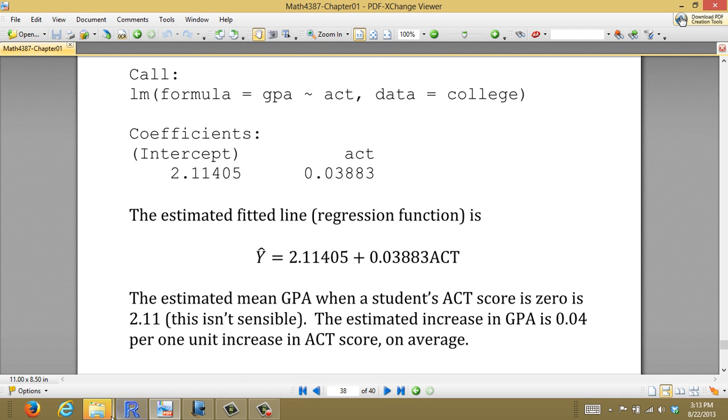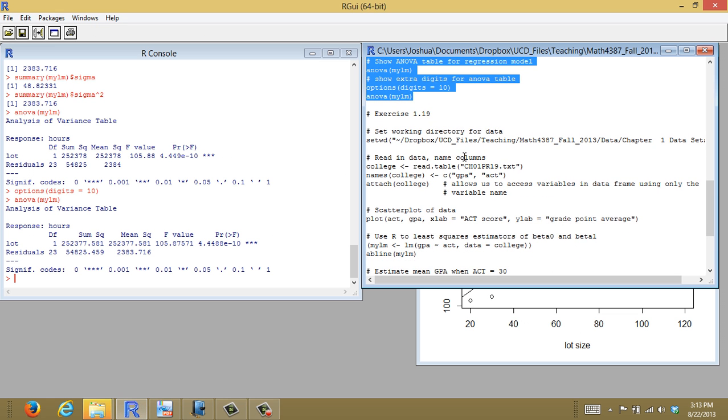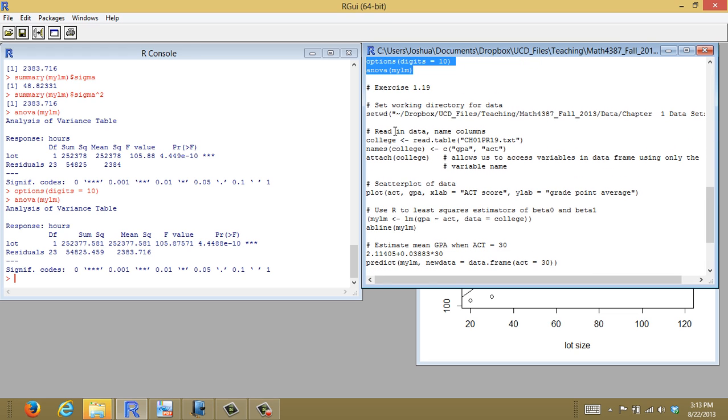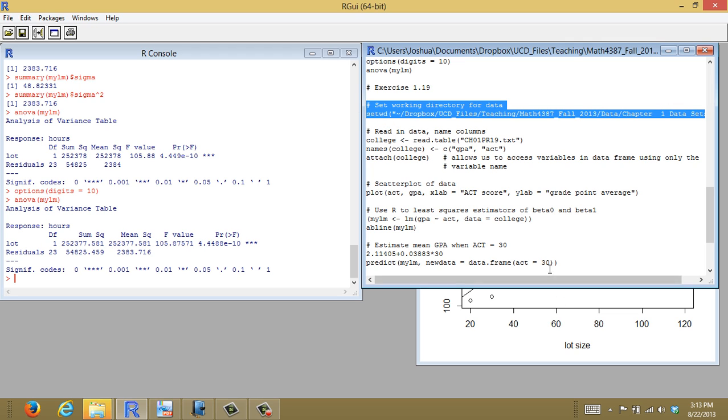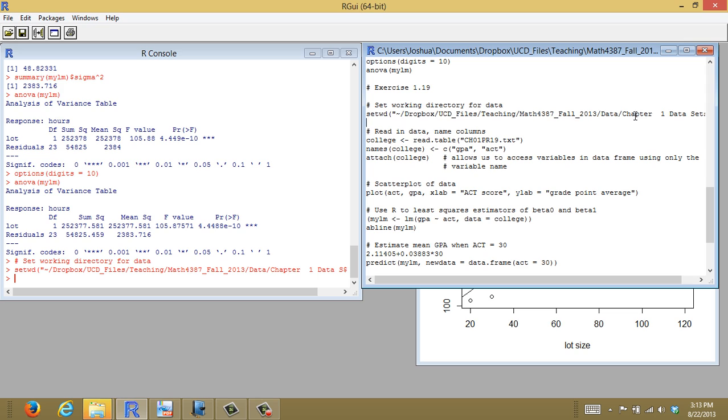And so I'm going to go into R, actually, and we've done this example in R, so we'll just walk through the information in this example. As in the previous example, the first thing I have to do is tell R where my data is located. So it's in this folder on my computer. Once I specify the folder where my data is located, I use the read.table function to read the data, and I store it as a data frame in an object called college.